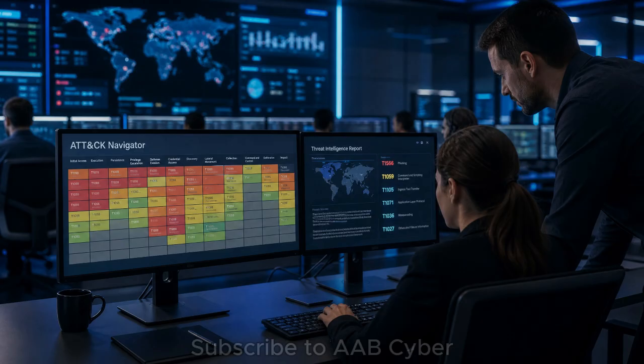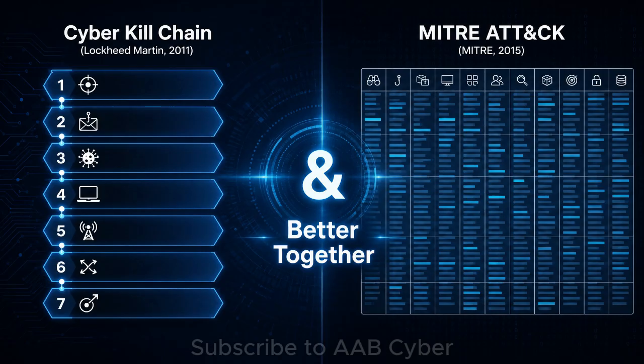And if that sounds interesting, stick around, because that's exactly what Module 31 covers in depth. And incident responders write technique IDs directly into their after-action reports, so incidents become comparable across the entire industry, not just within one company.